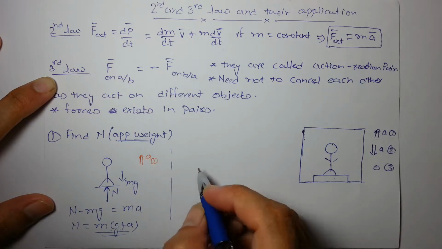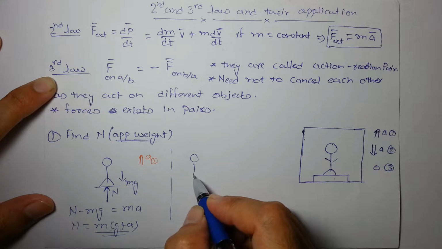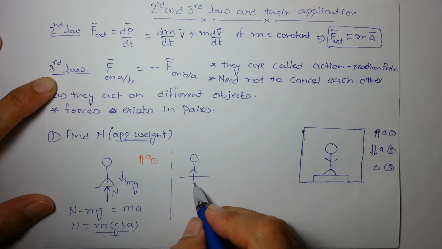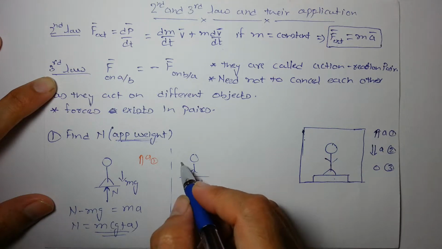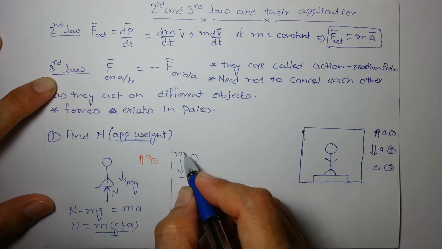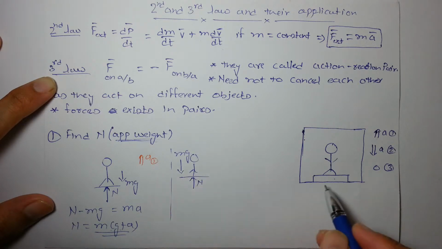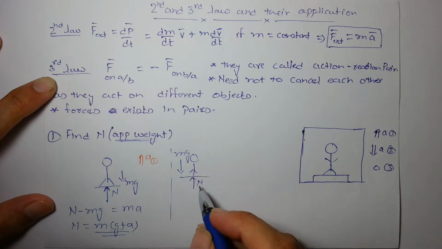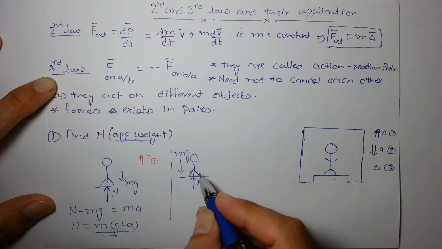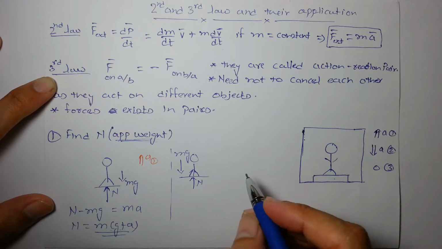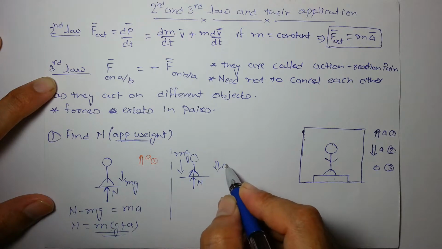In the next case, again, it is interesting to note that the FBD will be the same. There is no change in FBD. Normal from the plank or weighing machine, mg from the earth on the man, and it is having an acceleration a in the downward direction.